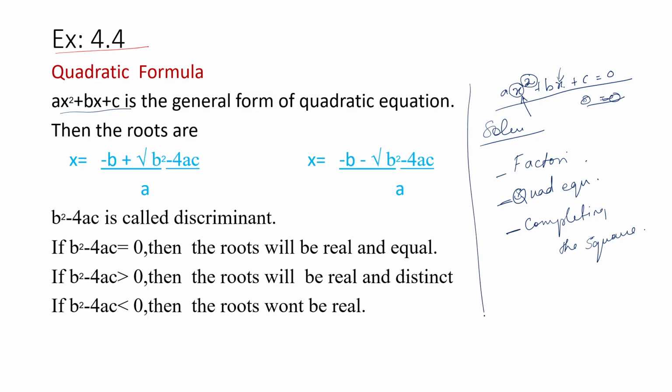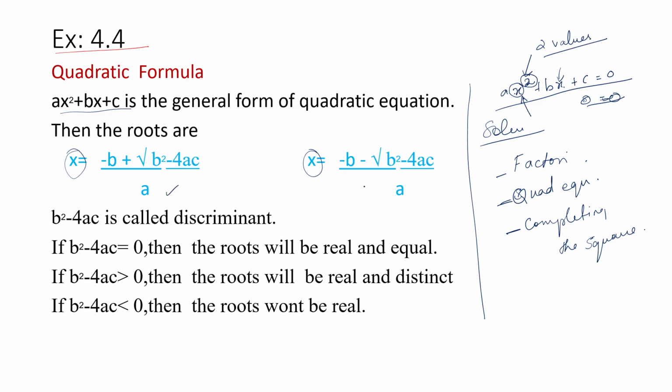So these are the previous videos made. Now we are coming to the nature of roots. Roots are the zeros of a quadratic equation, or the solutions of a quadratic equation. Since the power is 2, we always get two solutions for the variable.